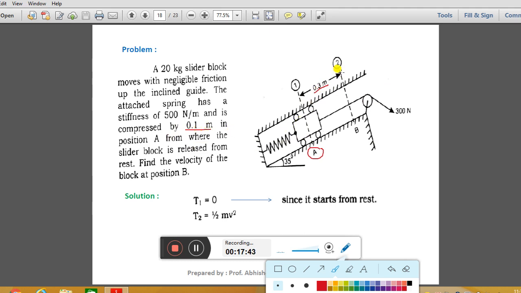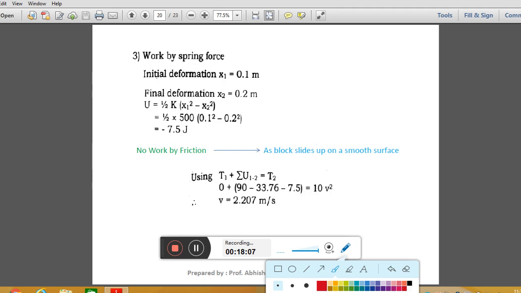So the final deformation at position 2 will be equal to 0.3 meters minus 0.1 meter, so the final deformation value will be 0.2 meters. Put all the values and we can find the work done by the spring force.